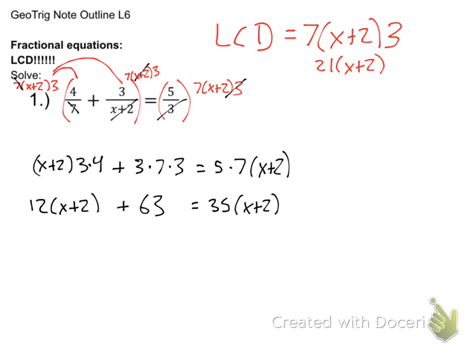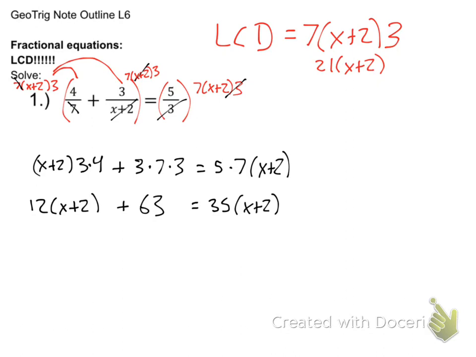Now, because we have a constant, like 12 and the 35, in front of a binomial, I could expand those by using distributive property, right? I would have to distribute here, go over to 35 and distribute there, correct? Not that big of a deal. Gather up your like terms and solve.